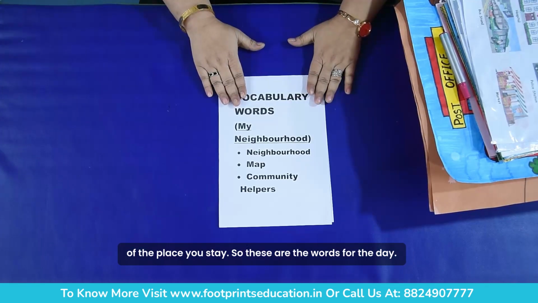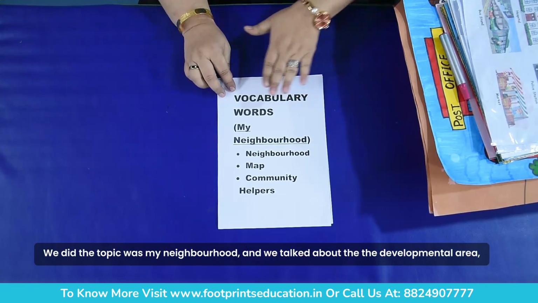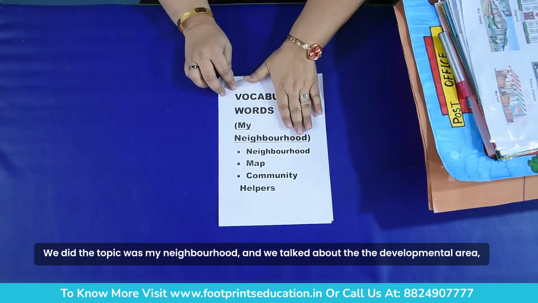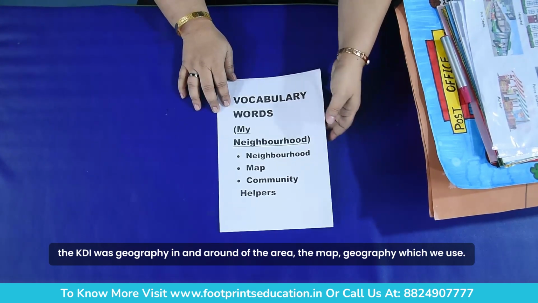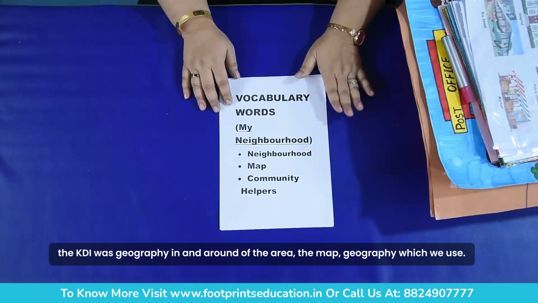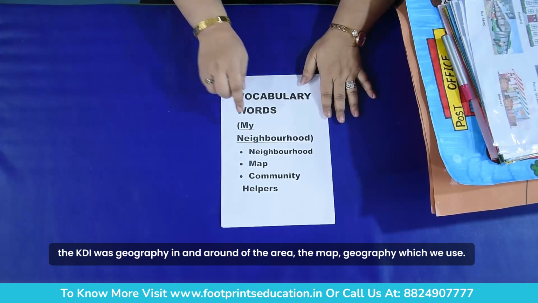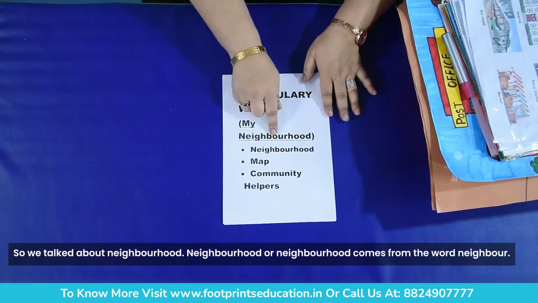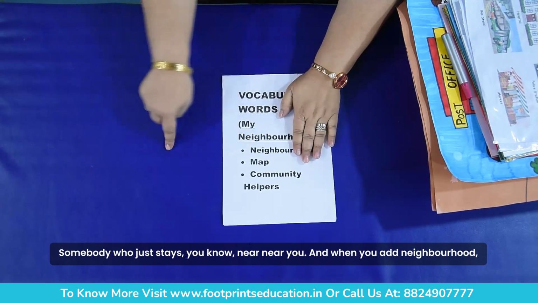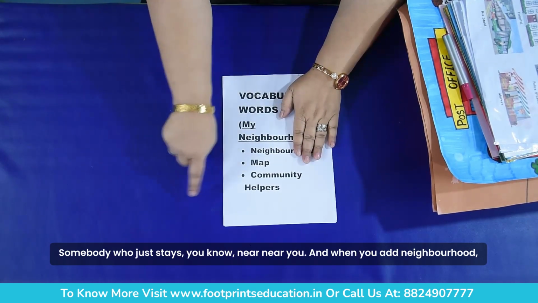So these are the words for the day. The topic was my neighborhood, and we talked about the developmental area. The KDI was geography, in and around the area, the map, geography which we use. So we talked about neighborhood. Neighborhood comes from the word neighbor, so somebody who just stays near you.